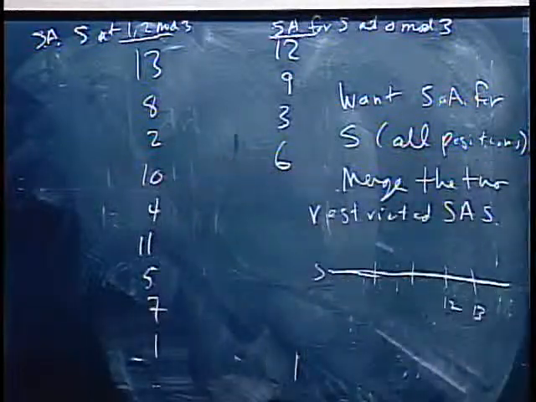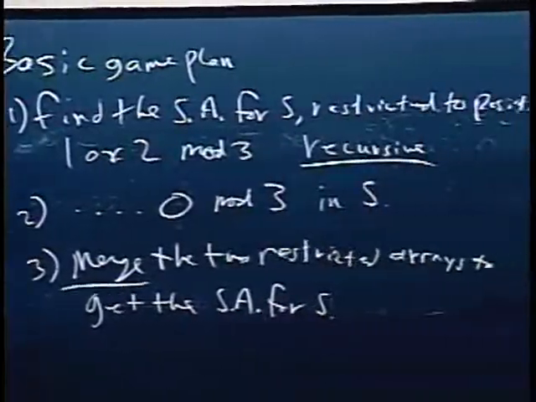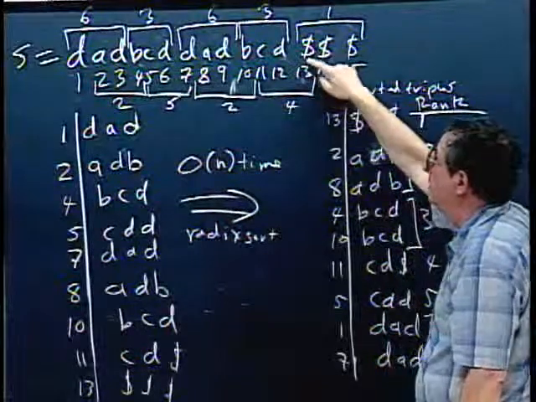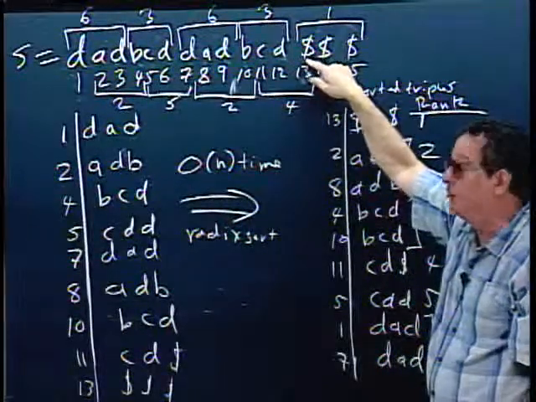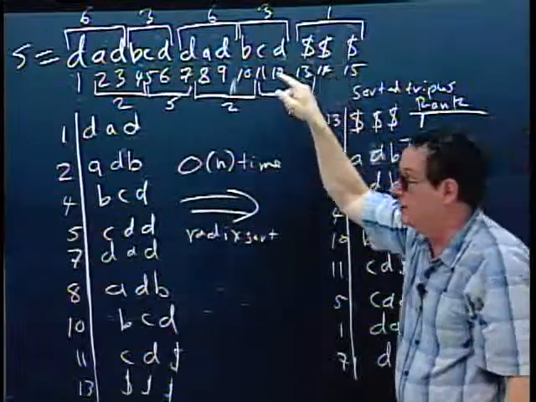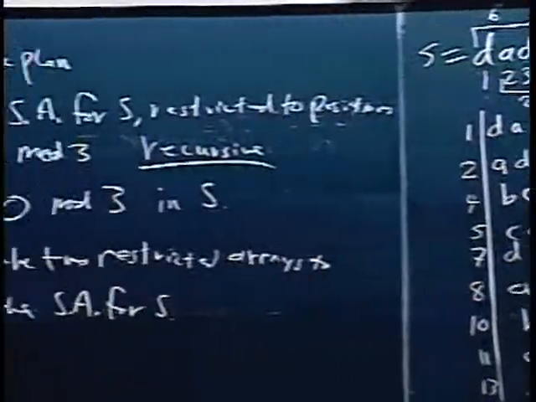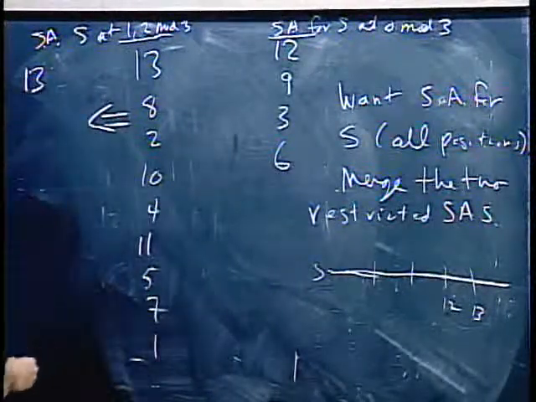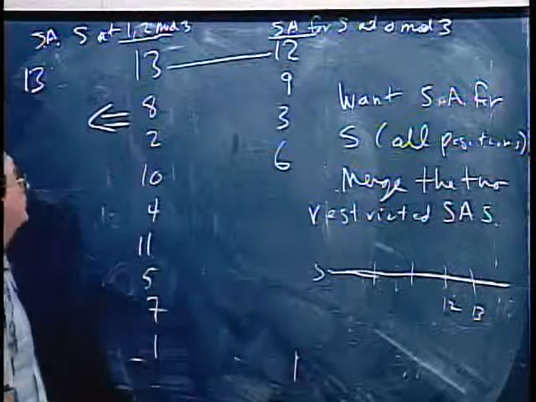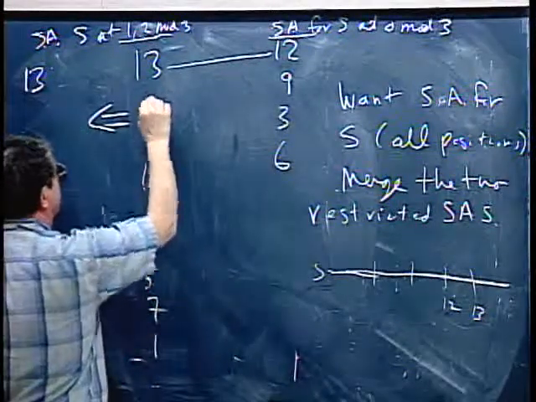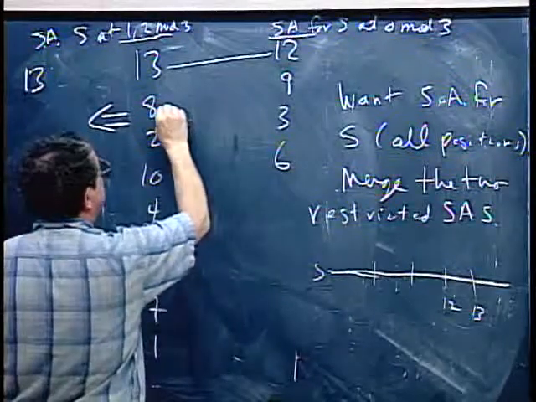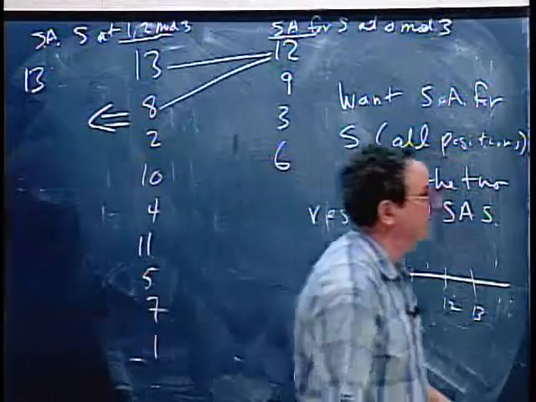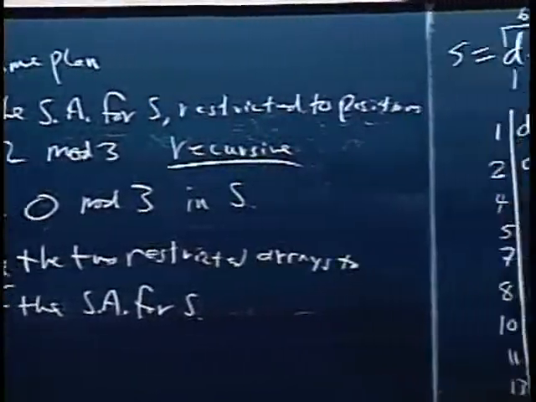Let's just go over here for a moment. Position 12 and 13: at position 12, it's a D. At position 13, it's a $ sign. The $ sign is smaller, so 13 wins. And so back over here, we get out 13 first, having done that comparison, and then we would compare the suffix that begins at 8 versus 12. Let's just do that one, and I won't do much more. 8 and 12.